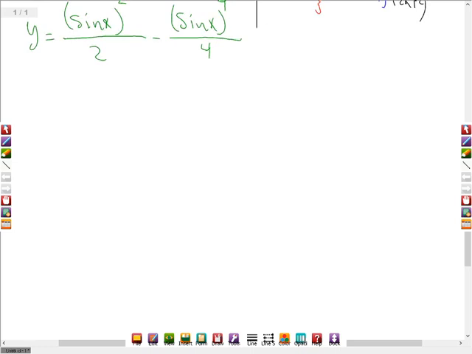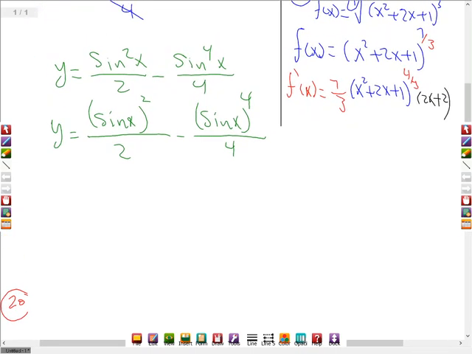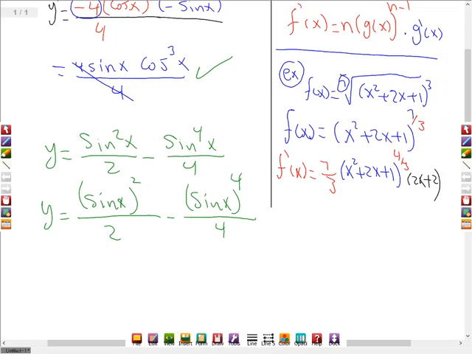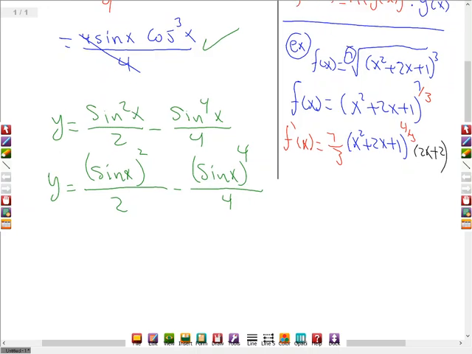Back to the problem. We're going to apply the same rule for this problem, the one there, just to remember it, because we have an exponent.